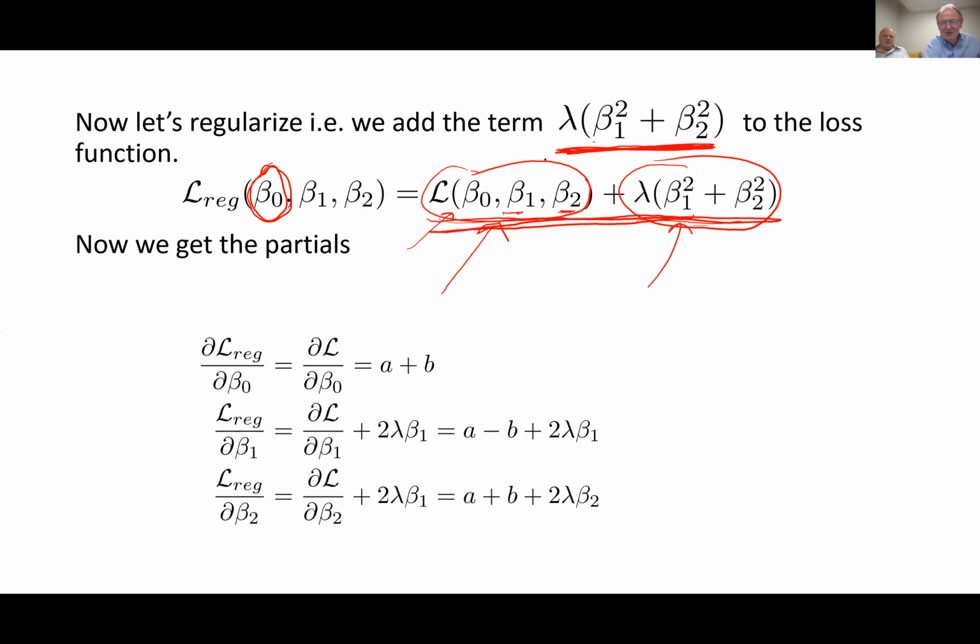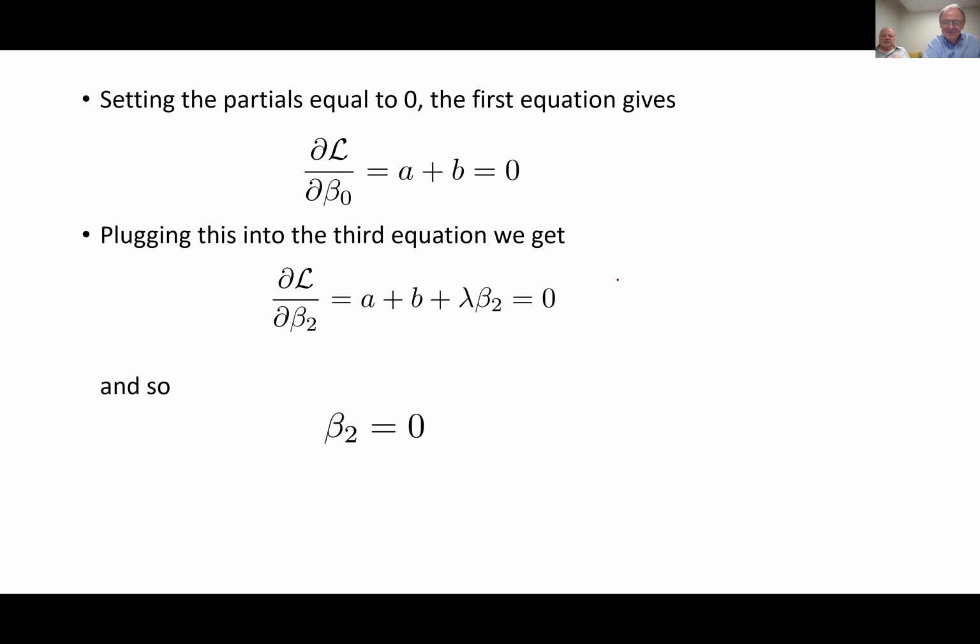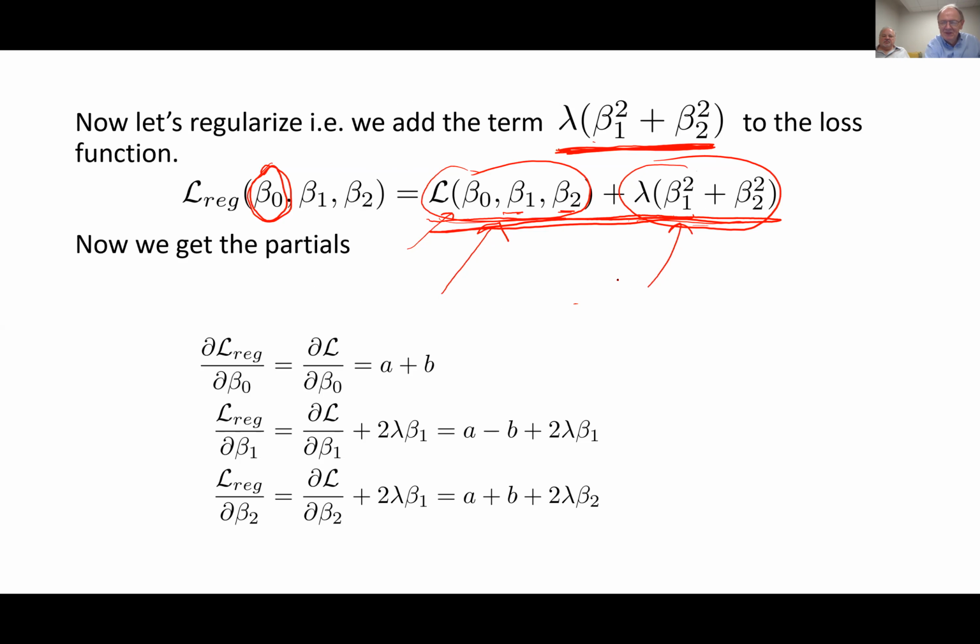So taking the partial of the regularized function with respect to beta 0 doesn't change anything, because the partial derivative of the regularization term with respect to beta 0 is just 0. So we get the same, A plus B.